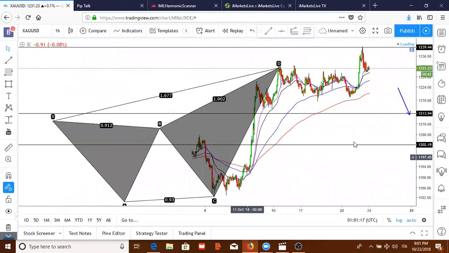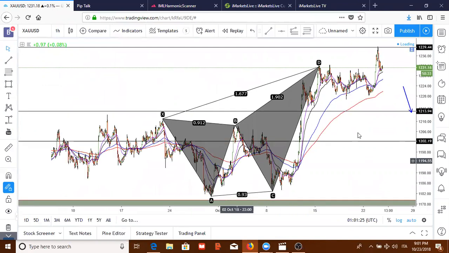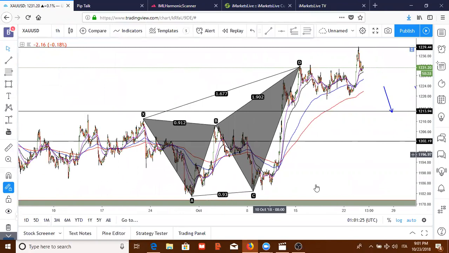You all probably seen it inside my Pip Talk channel, where we have a crab pattern right here on the hour chart. And I actually didn't take this trade, so it was just for educational purposes.